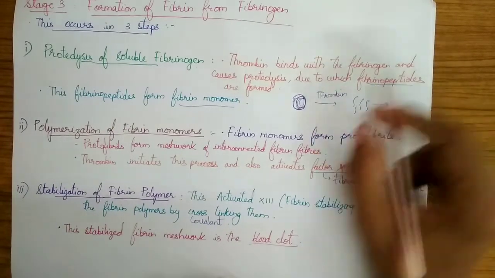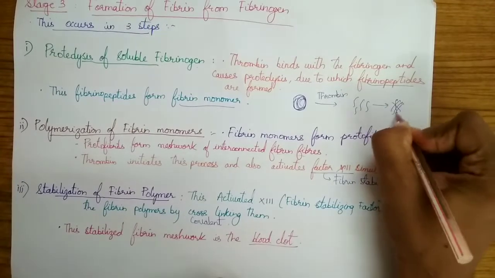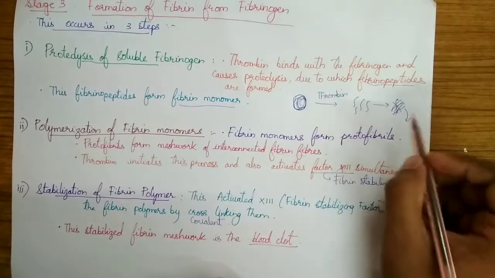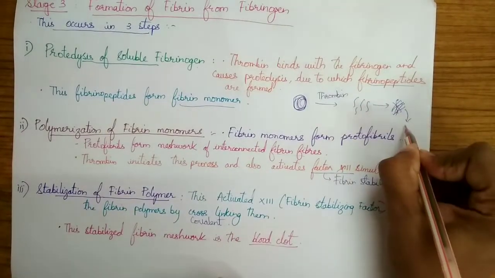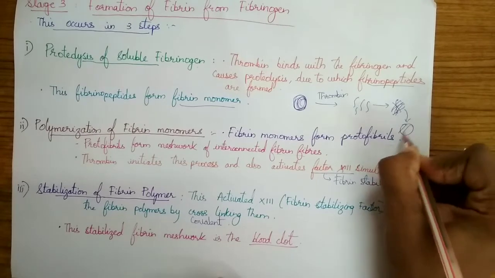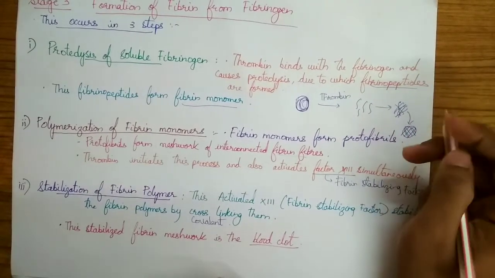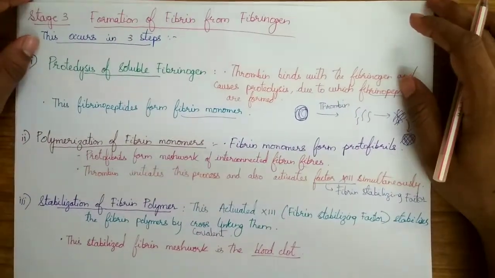These protofibrils form a meshwork of interconnected fibrin fibers. This meshwork is stabilized by the activated clotting factor 13 or fibrin stabilizing factor, forming covalent cross-linking between these polymers and forming a stabilized blood clot. So this is the total mechanism of blood coagulation.